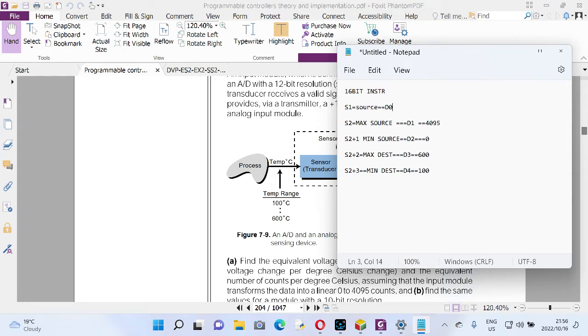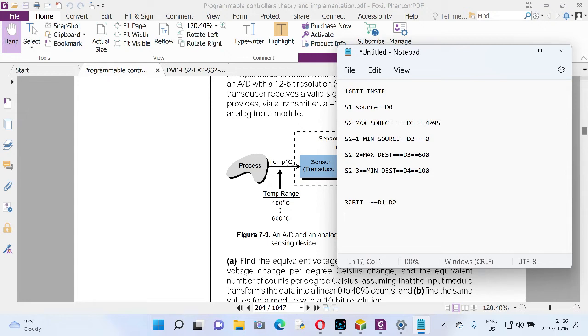So if you're doing a 32-bit, it means you need 2 registers. Let's say we are working with a 32-bit instruction. When you are working with a 32-bit instruction, where we are saying D1, our next register, this will occupy D1 and D2.